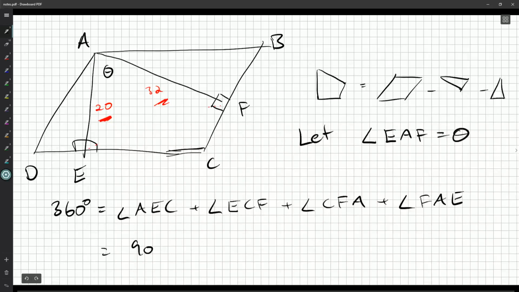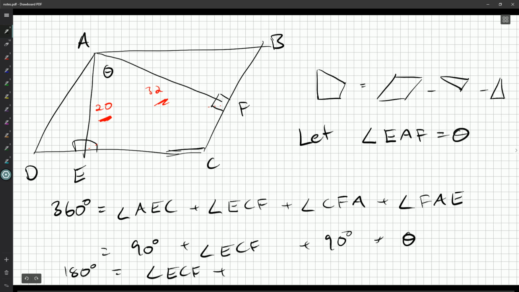So this is 90 degrees, and then another 90 degrees, and theta, well, the two 90s are 180, so we get 180. When you subtract that from 360, it is angle ECF plus theta, so ECF is 180 degrees minus theta. It's just what's left over here.